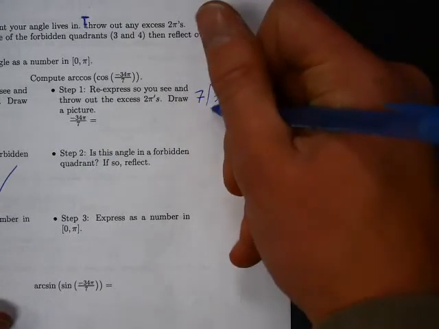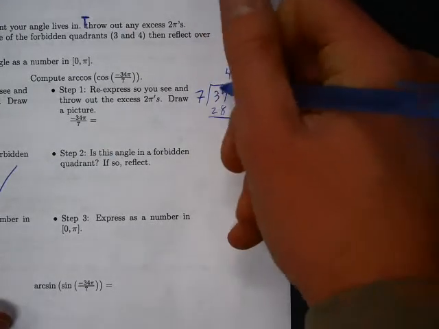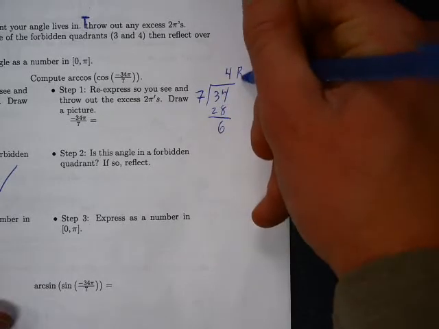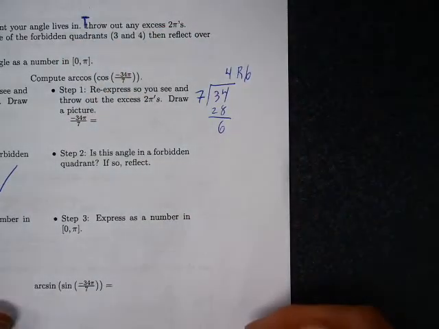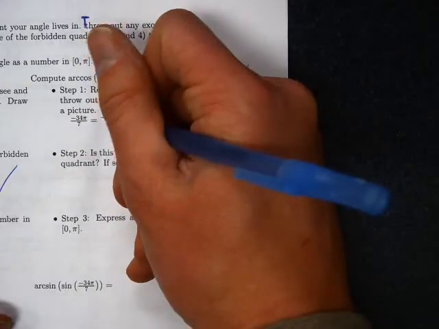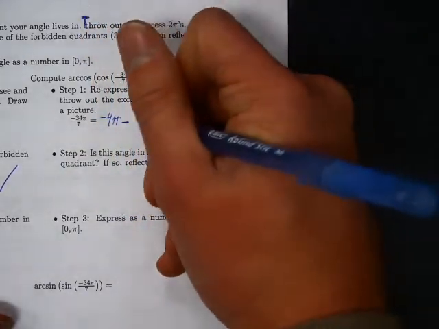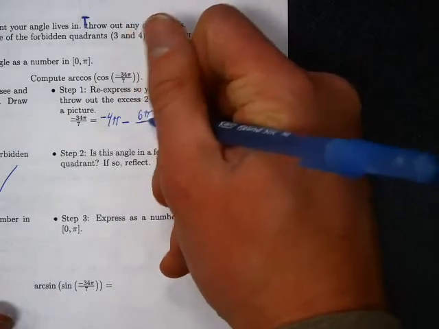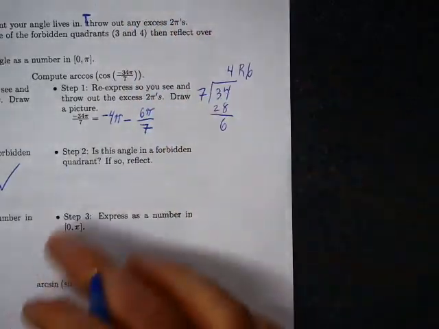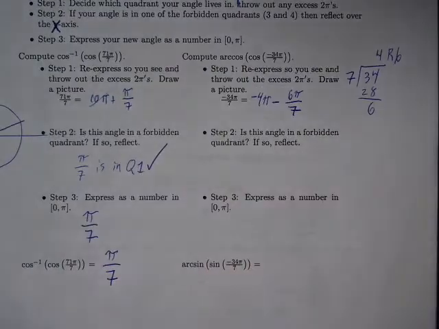That's 4, and 34 minus 28 is a difference of 6, so 4 with a remainder of 6. So negative 34 pi over 7 looks like it's the same thing as negative 4 pi minus 6 pi over 7. Does that negative 4 pi make any difference to trig functions? No, so we can throw that out.